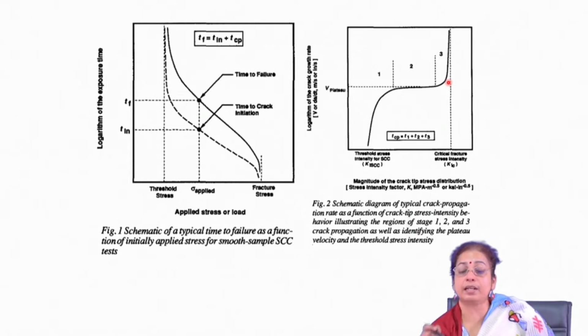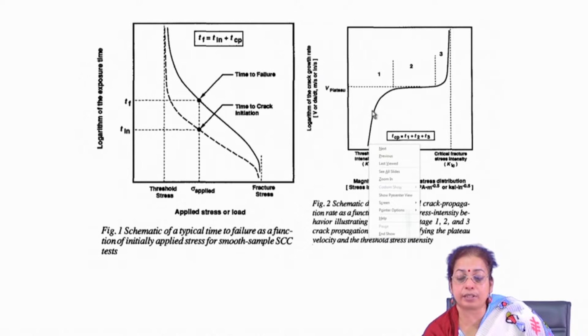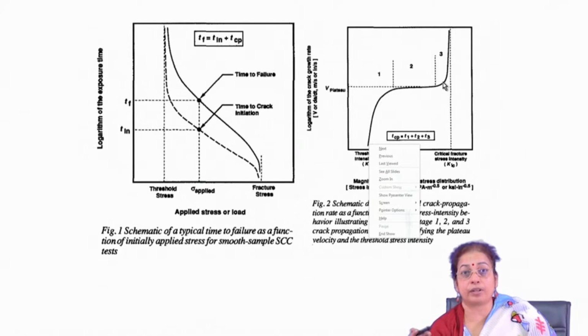In the first region, usually the film dissolution rate is much lower. As soon as the threshold stress is reached, dissolution starts, and as you go on increasing the stress or the corrosiveness of the environment, the dissolution rate increases. In the steady region, there is both dissolution and formation, and after that you will find that the dissolution rate exceeds the rate of film formation.